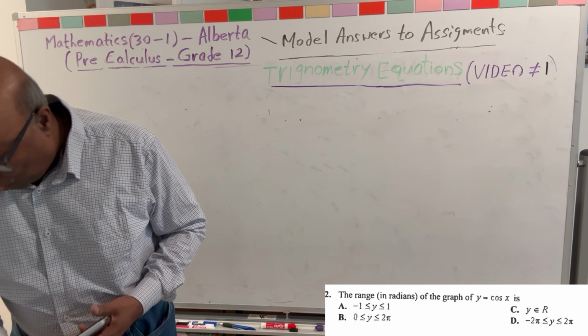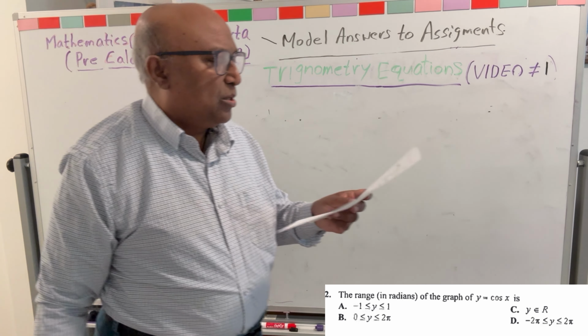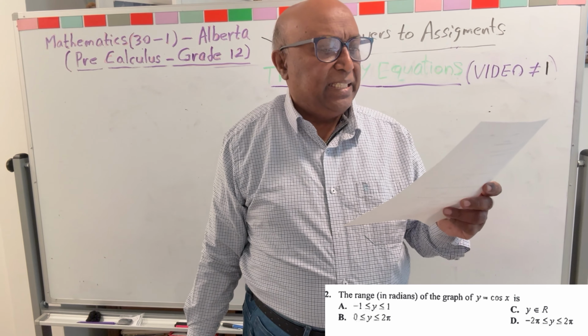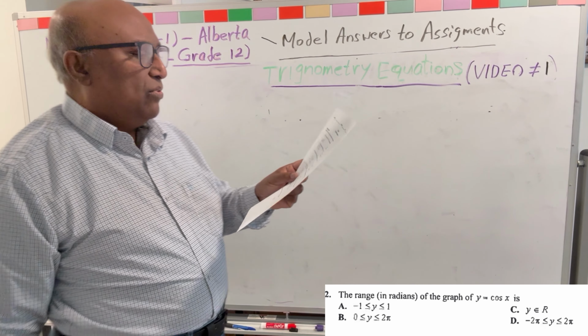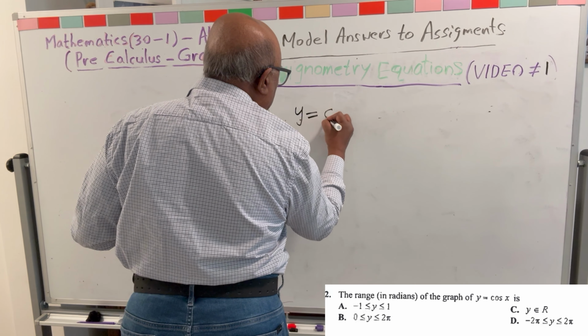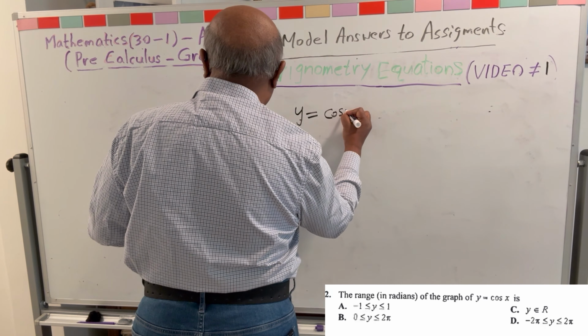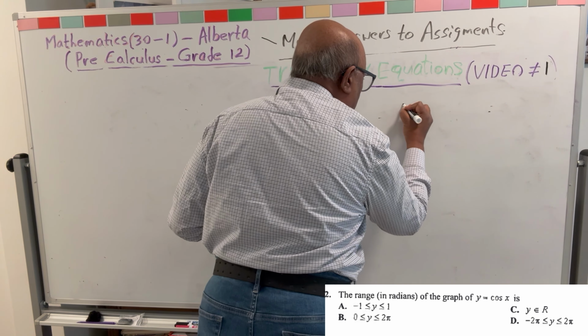Okay, let's go to question number 2. The question number 2 says the range in radians of the graph y is equal to cosine x. Range. Okay.